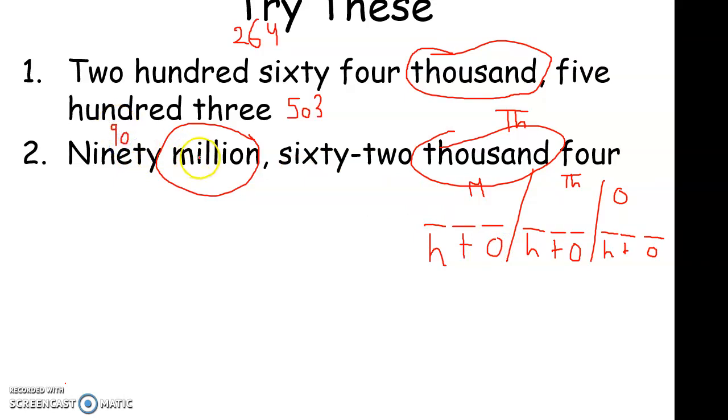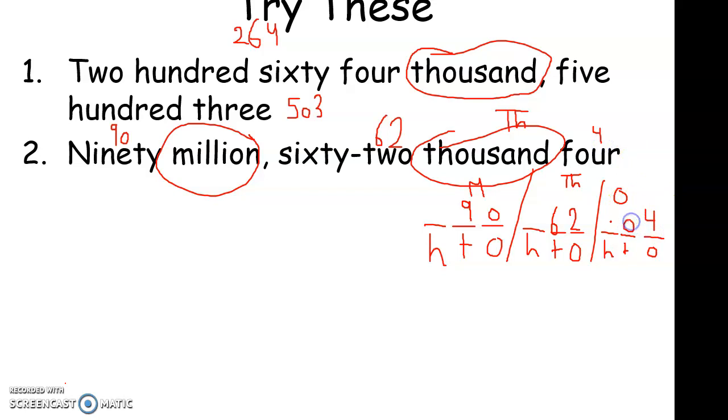90, let's write it in digits. I will fill it where? In the millions family, but we have to start always from where? From the right side, in the ones. 0 and 9. 62, fill it where? In the thousand family. Come on, start from where? From ones. Here just 4, in the ones family. Come on, start from where? In the ones.